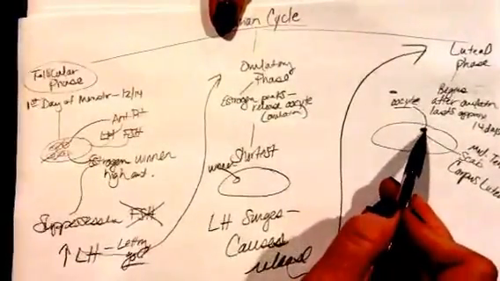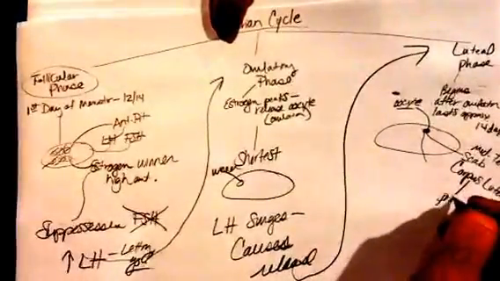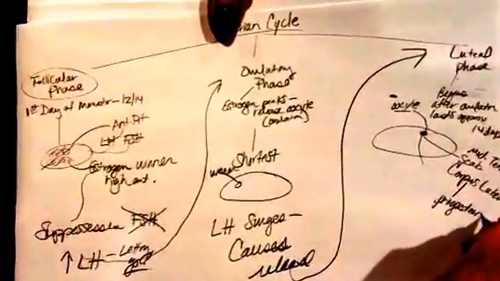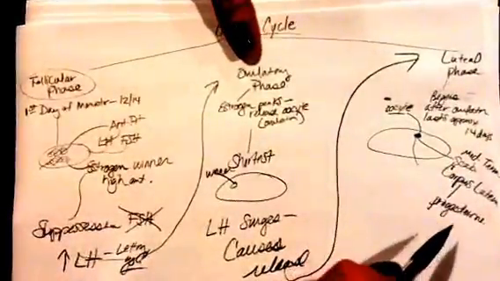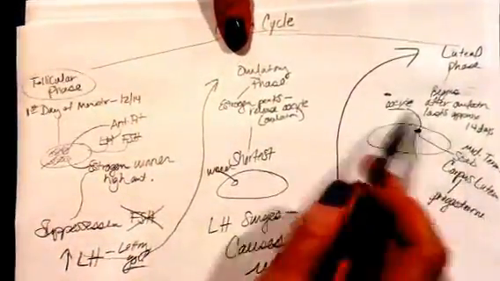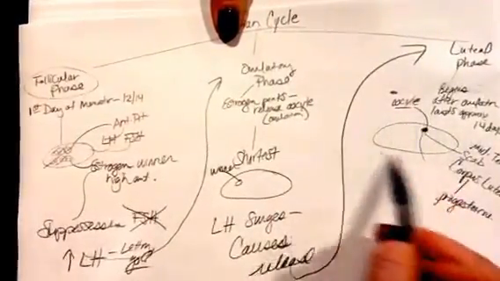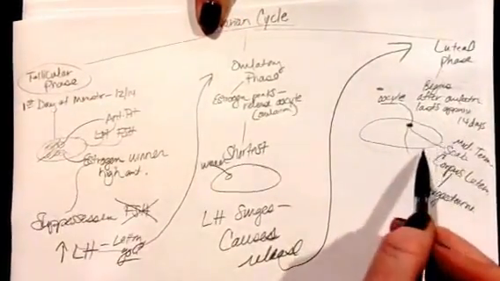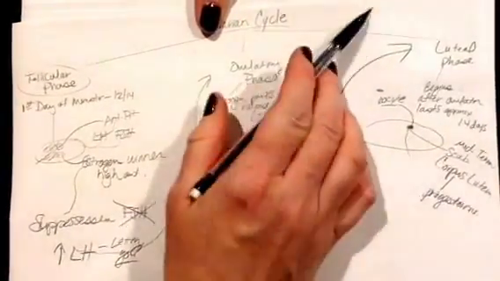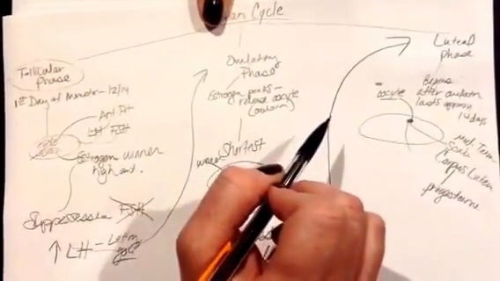Because what it does is it actually starts to produce progesterone to assist in promoting and maintaining a pregnancy. Remember, the body is in the mode of, I want to become pregnant every month. It's trying. And that's where the birth control options that you are going to review come into play and interfere with this process.